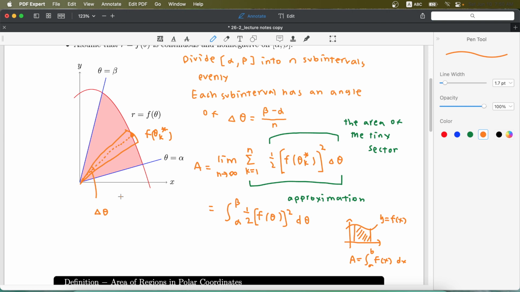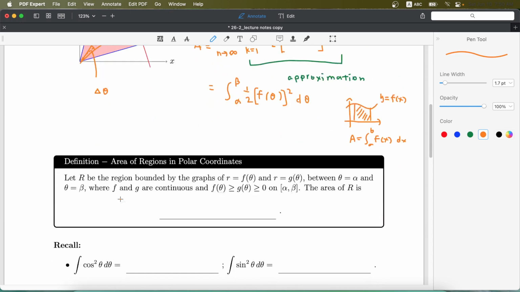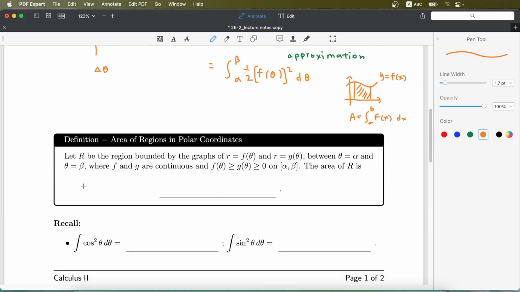Now let's take a look at the box below. In this box, we will introduce the case where we have two polar curves. Let R be the region bounded by the graphs of r equals f of theta and r equals g of theta, between theta equals alpha and theta equals beta, where f and g are continuous.